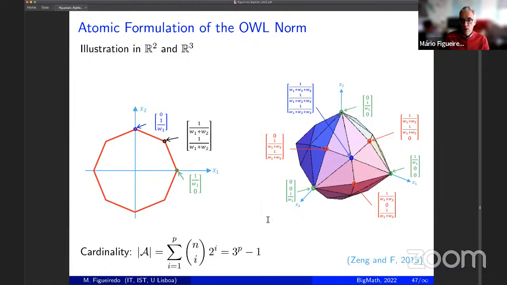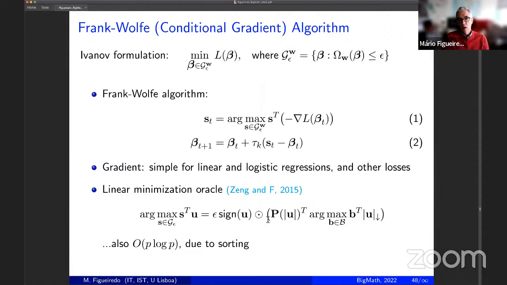This is useful when you're dealing with the Frank-Wolfe or conditional gradient algorithm, because there you need to solve a problem called a linear minimization oracle: given some vector u, find the vector in a ball of this norm that has the highest inner product with u, and this again can be solved with cost P log P.